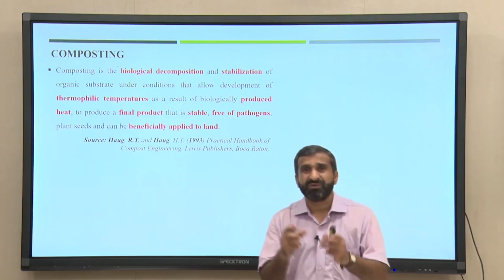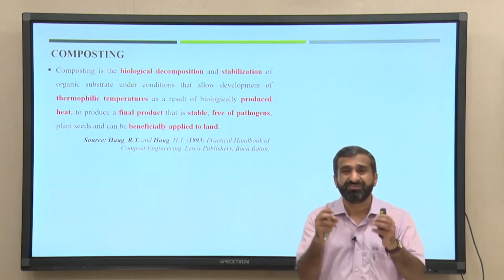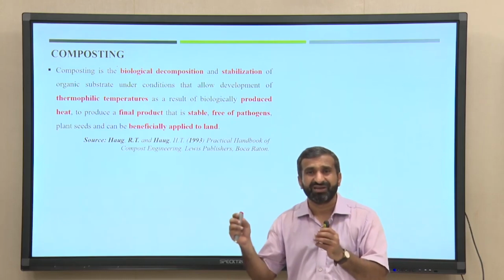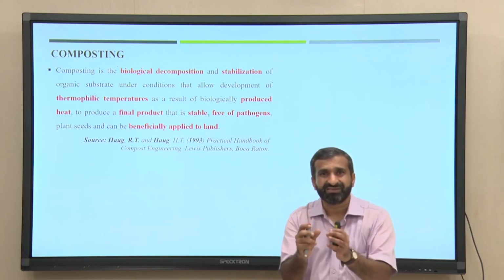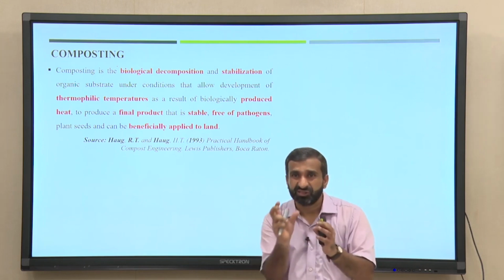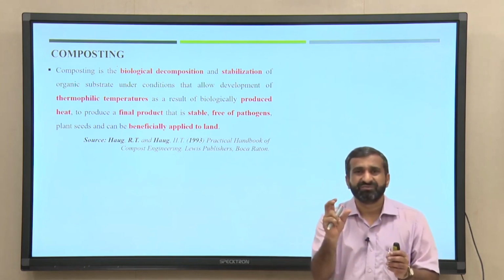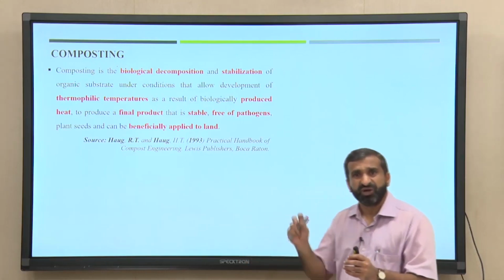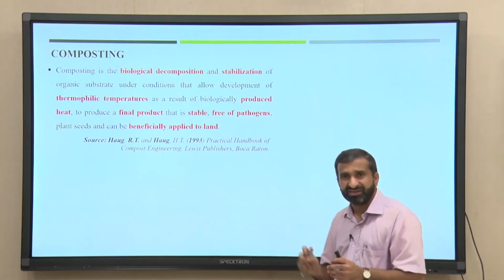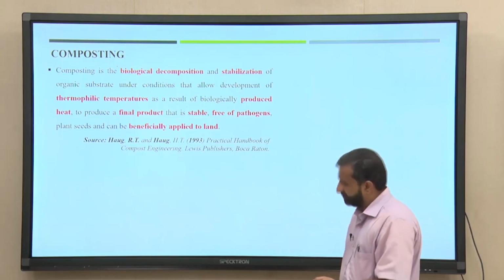By having proper nutrients. What major nutrients are required for the soil? NPK: nitrogen, phosphorus and potassium. These are the major nutrients required for the soil as a fertilizer, okay.